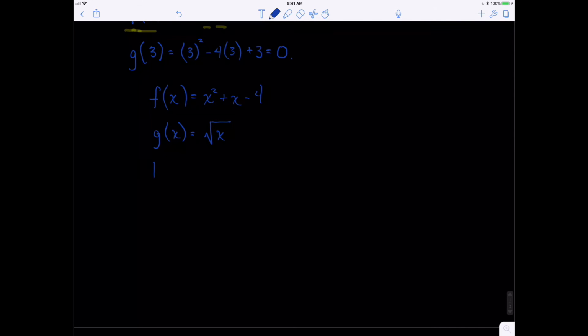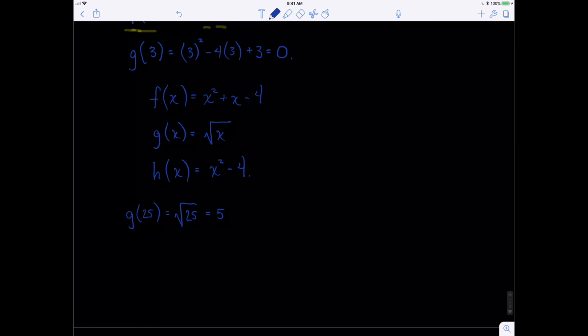And finally, we'll do one more, h of x, and that is x squared minus 4. So let's find a couple different examples. If I asked you what g of 25 is, you would refer to g and say, I replace the x with a 25. Oh, and I know that the square root of 25 is 5.